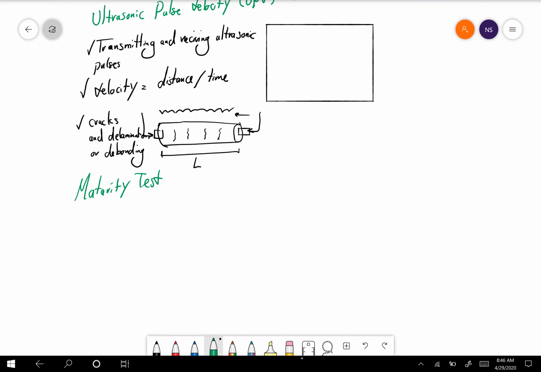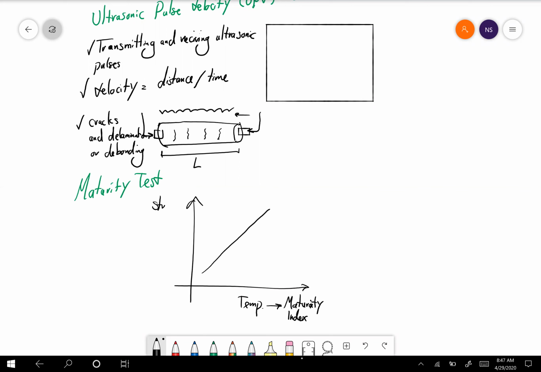The idea behind that is that the internal temperature of the concrete after you place it, because of the hydration process, is correlated to strength. So if you can measure the internal temperature in terms of the maturity index of the concrete, you can correlate the maturity index to compressive strength.